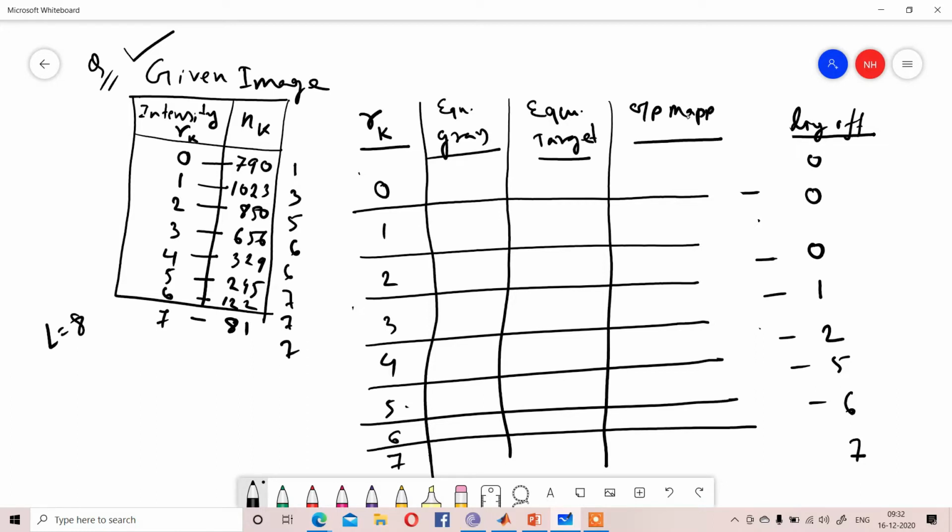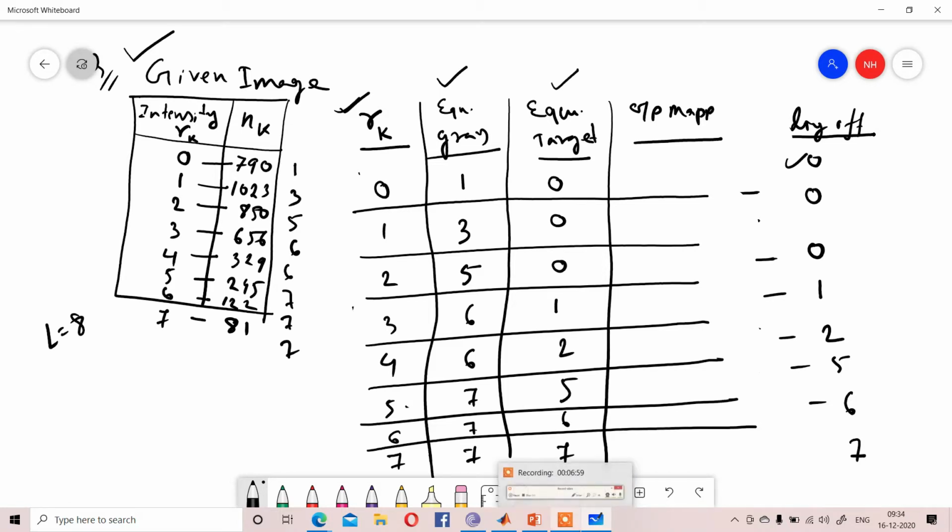Depending on that, for the equalized gray level image of the input, you have got 1, 3, 5, 6, 6, 7, 7 and 7. And for the target image, you have got 0, 0, 0, 1, 2, 5, 6, 7. Now the matching will happen.